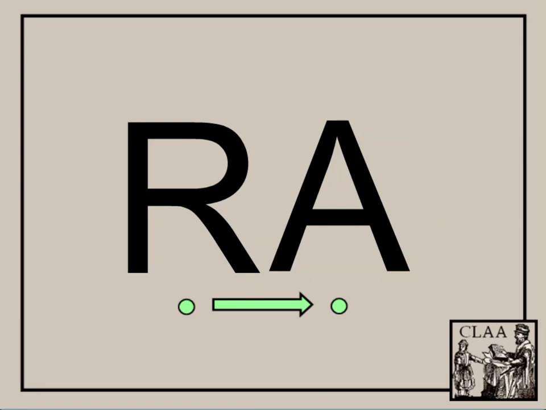Now let's practice reading syllables that begin with the consonant R and end with a vowel. Point to the green dot under the consonant R and we'll begin. Ra, ra, ra.